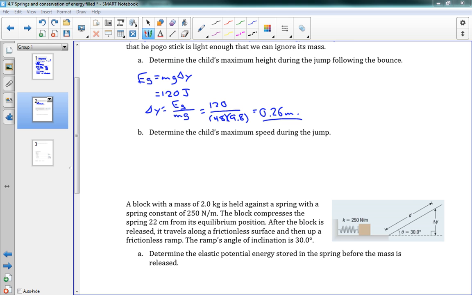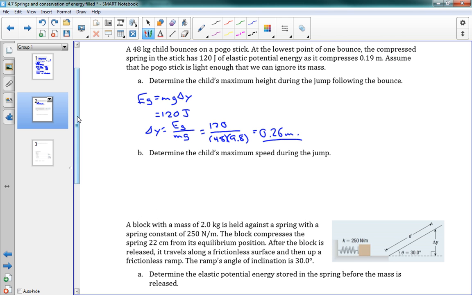Okay, and so that equilibrium point is 0.19 meters above that lowest point. We've been using the lowest point as our reference point. When we did our calculation here for gravitational potential energy, we were calling that lowest point 0 and measuring above that. So we need to keep doing that.